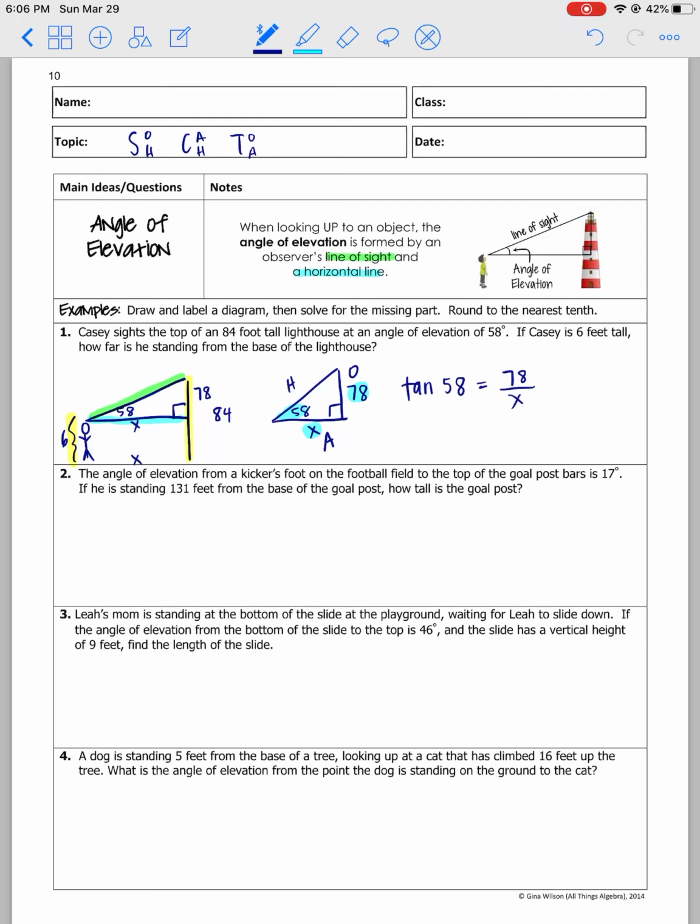When x is in the denominator, not the numerator, that means we have to divide. So you just cross multiply, so 78 times 1, or 78, equals x times the tangent of 58. In order to get x by itself, you divide by the tangent of 58.